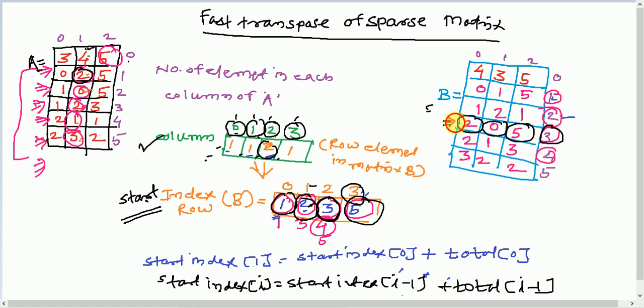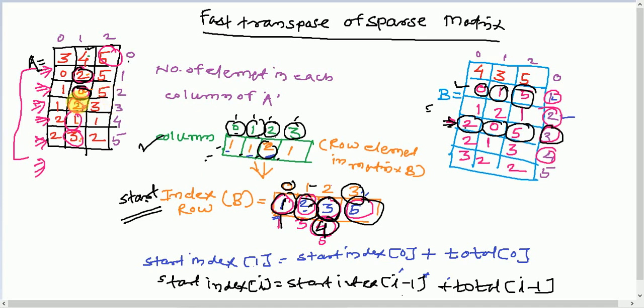Since we occupied the first cell of 2, we increment the next cell for the next upcoming value by 1, that is 4. Then we visited the next cell in matrix A, where the column number is 0. We look at the 0th start index, that is 1. Then at the first cell we inserted that particular value. Then we incremented the value for the 0th index to the next cell.